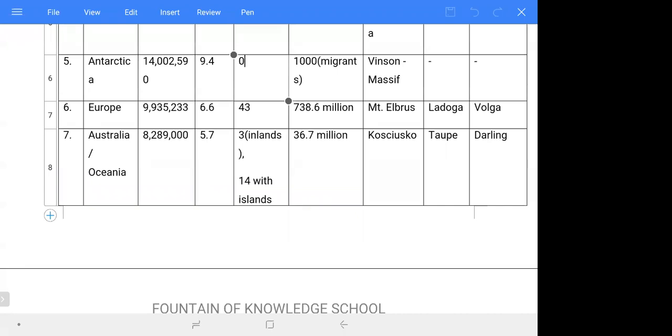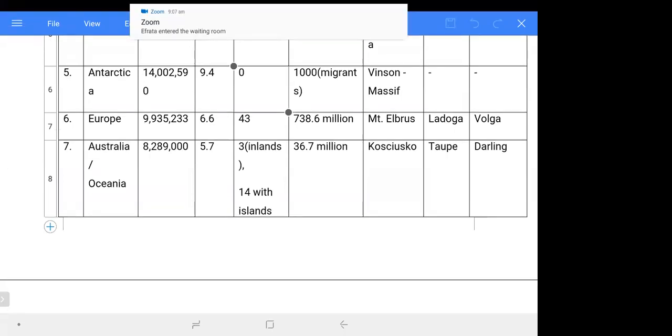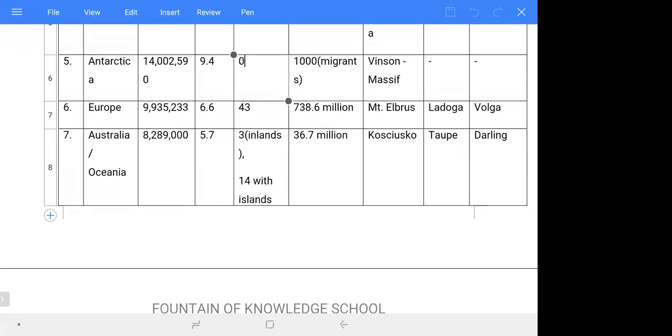Itself Australia, which makes up 86% of the continent, and New Zealand and New Guinea. These are the inland countries of Australia. Then we have 11 more islands, together with the islands, so it has 14.